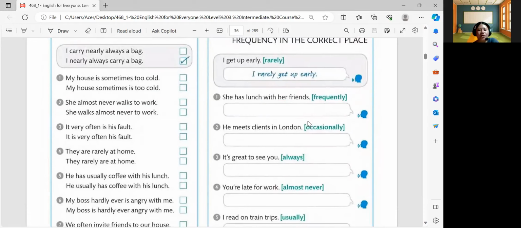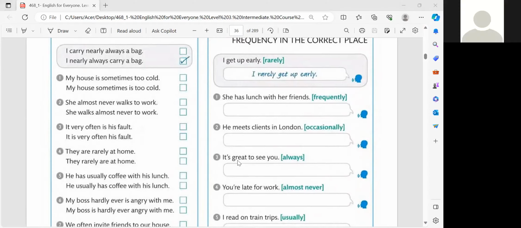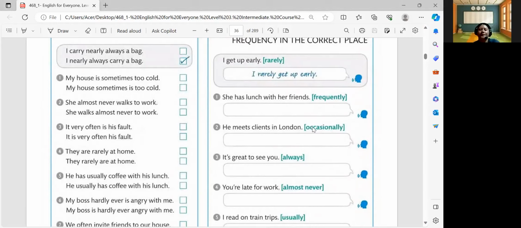What's your answer for number 1? She frequently has lunch with her friends. Okay, thank you so much for your answer. Let's check. She frequently has lunch with her friends. Exactly, very good. That's correct. Number 2.